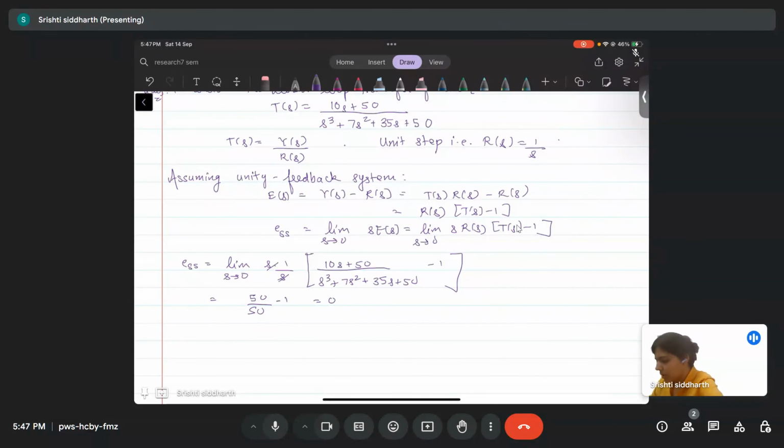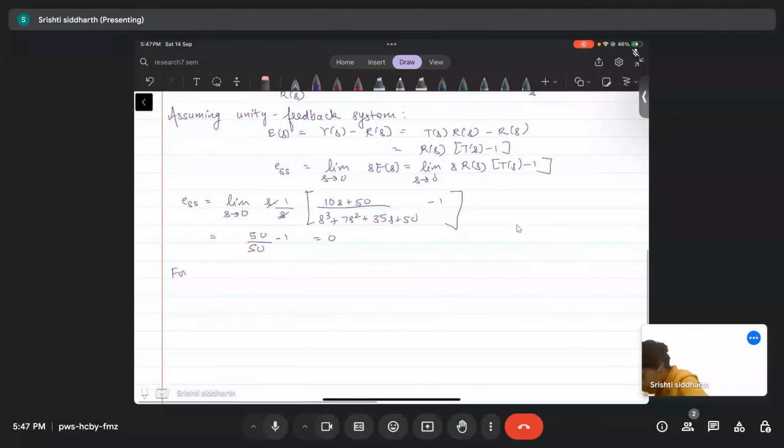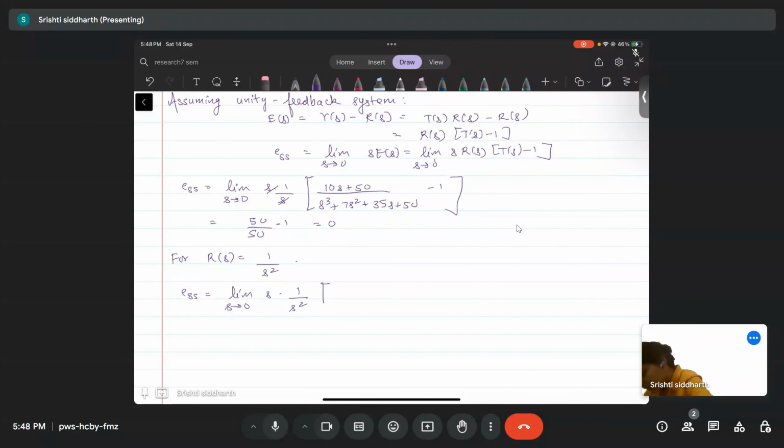If instead it was a ramp input, for example 1 over s square, then let's see what the steady state error would be. In that case, ESS is going to be limit s tending to 0 of s over 1/s square times (10s plus 50 over s cube plus 7s square plus 35s plus 50 minus 1).